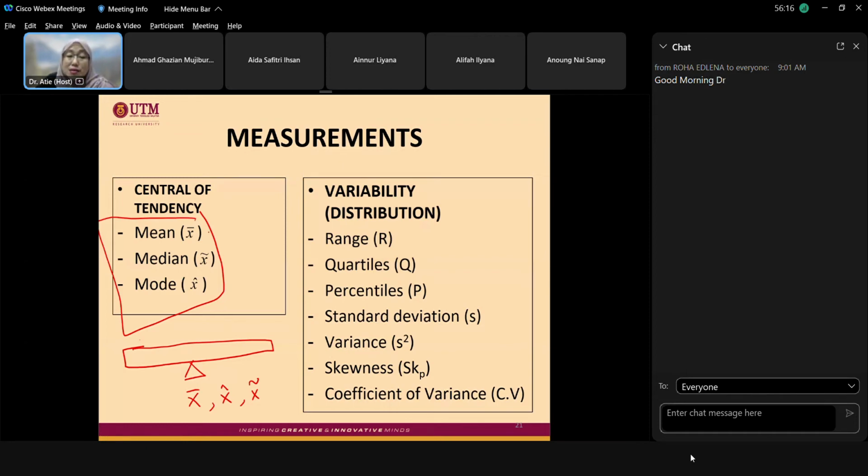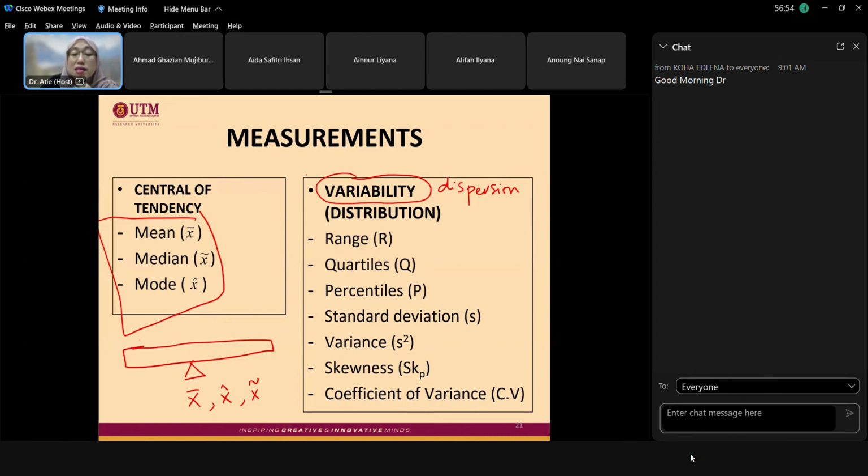The next word that I would like to introduce is variability. Variability is sometimes also known as distribution and also dispersion. Those are the words that represent variability. It means that you have different kinds of data and you would like to see how it looks when you draw it on a graph.